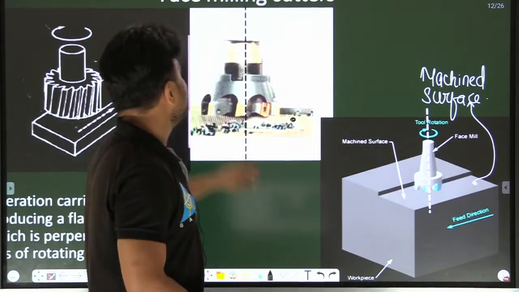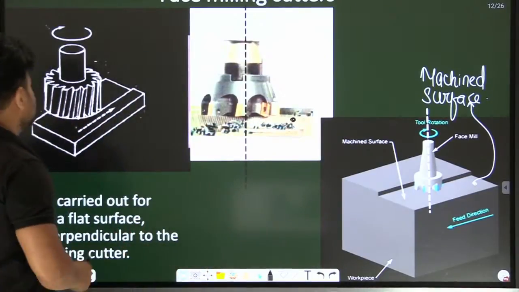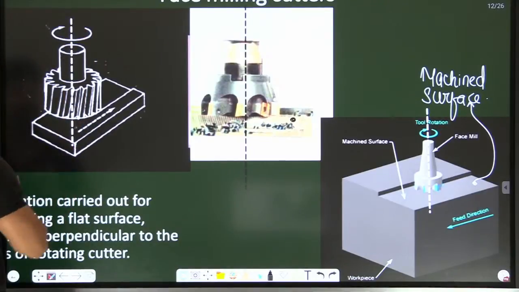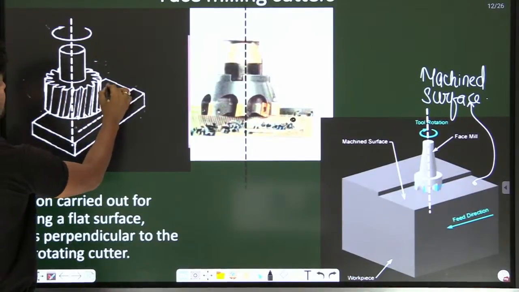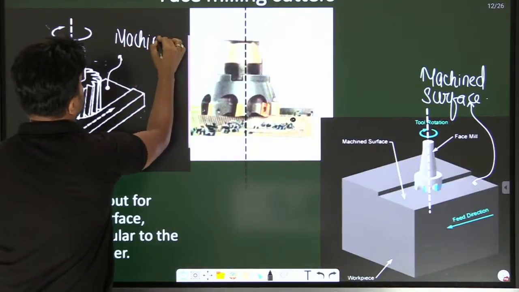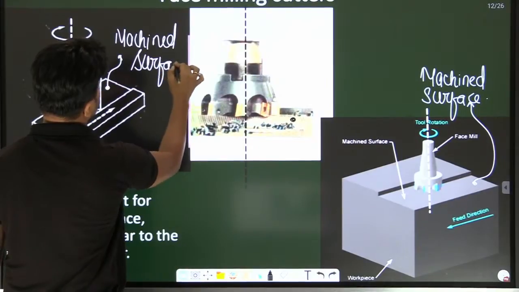So in face milling, the milling cutter axis is perpendicular to the machine surface. Here also this is the milling cutter axis and this is the machine surface.